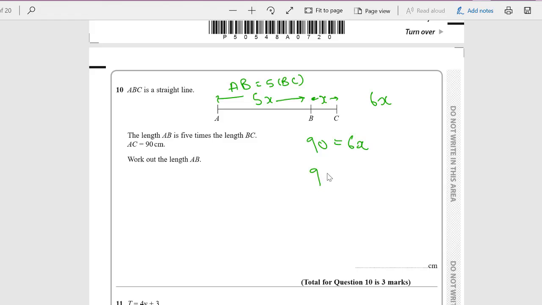So 90 divided by 6 gives us x, which equals 15. So each part is 15. So AB is 15 times 5, which gives us 75. Brilliant.